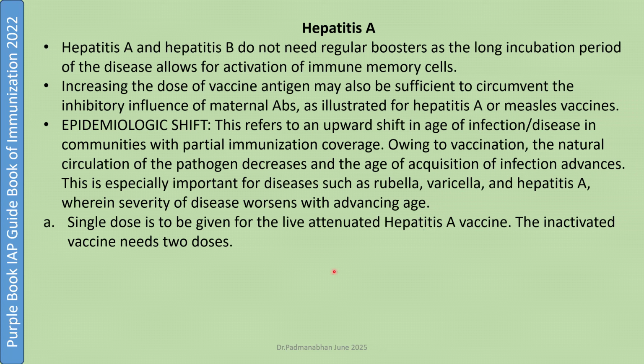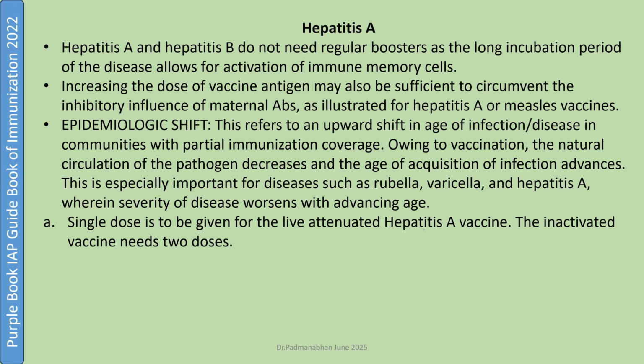But the only live attenuated vaccine for which a single dose is advised is hepatitis A, because we get the hepatitis virus in our body, in our food, and we get our boosters recurrently through our food and water. That might be the reason. The same is true of typhoid also. They say though it's a killed vaccine, a single dose may be enough.